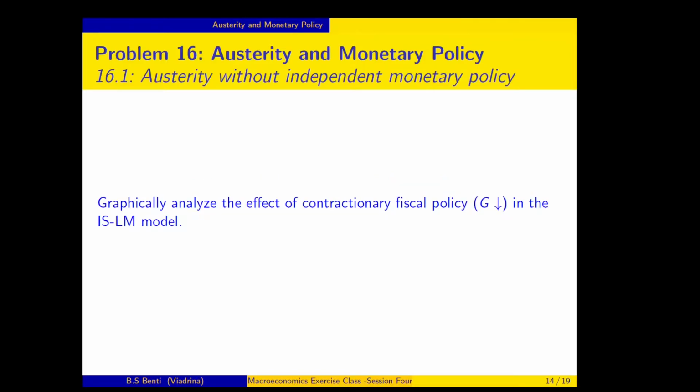So the first sub-question in this problem is austerity without independent monetary policy. First, we are asked to graphically analyze the effect of contractionary fiscal policy, a reduction in government expenditure, in the IS-LM model.